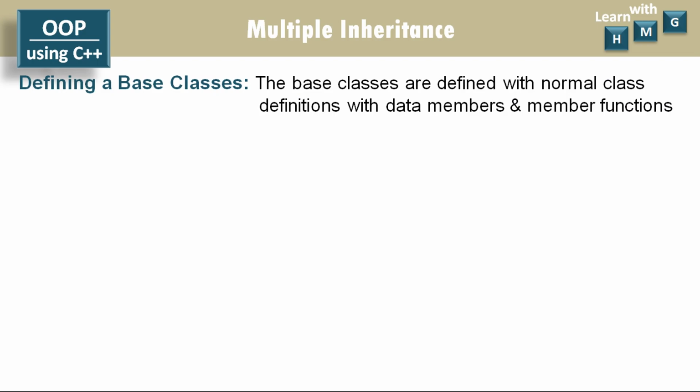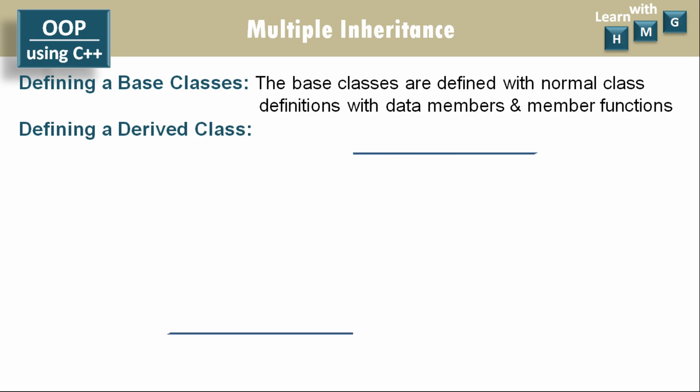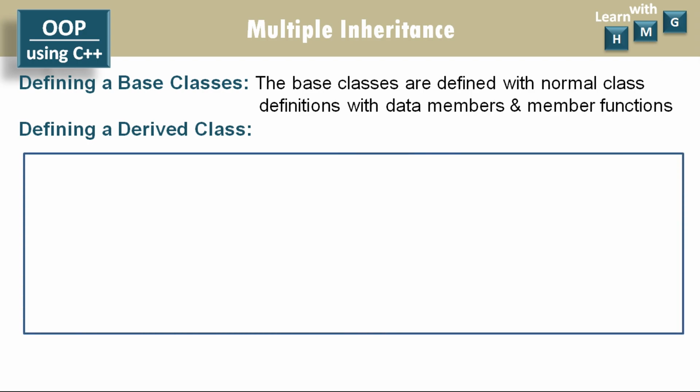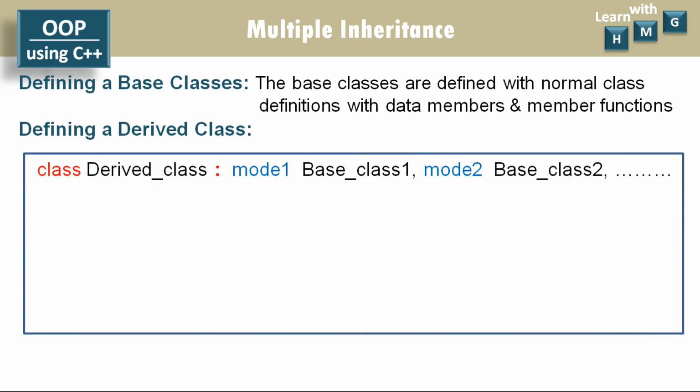While defining the classes in multiple inheritance, the base classes are defined with normal class definitions with data members and member functions. So we have to define the base classes independently. After defining these multiple base classes, the derived class will be defined like this. This is the syntax of defining a derived class.